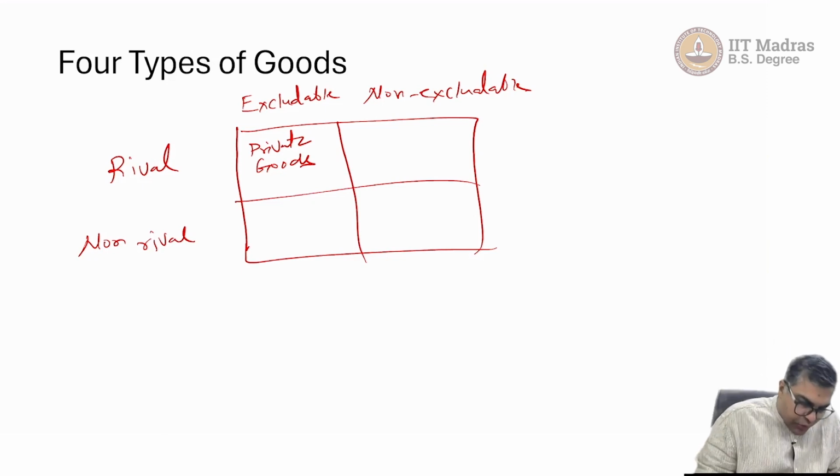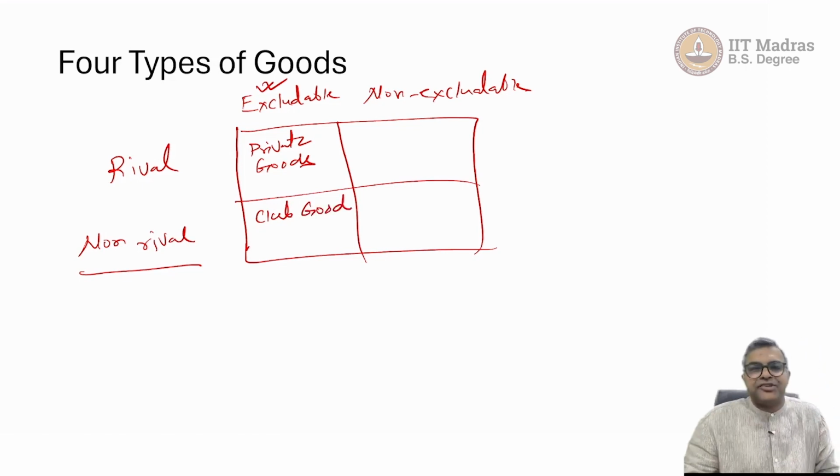When it is non-rival but excludable, we call them club good. Let us say a cricket match is happening in Wankhede Stadium or Eden Garden in Calcutta. People who do not have tickets can be excluded. But if I am watching the match in Eden Garden, it would not diminish the value of other people who are participating in this event.